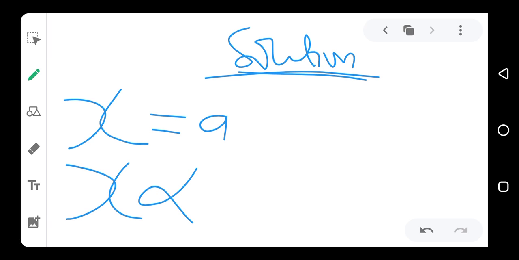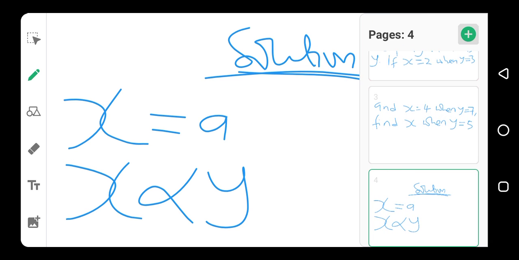Now, if we're combining the two variations or the two quantities, we have that x is equal to a.